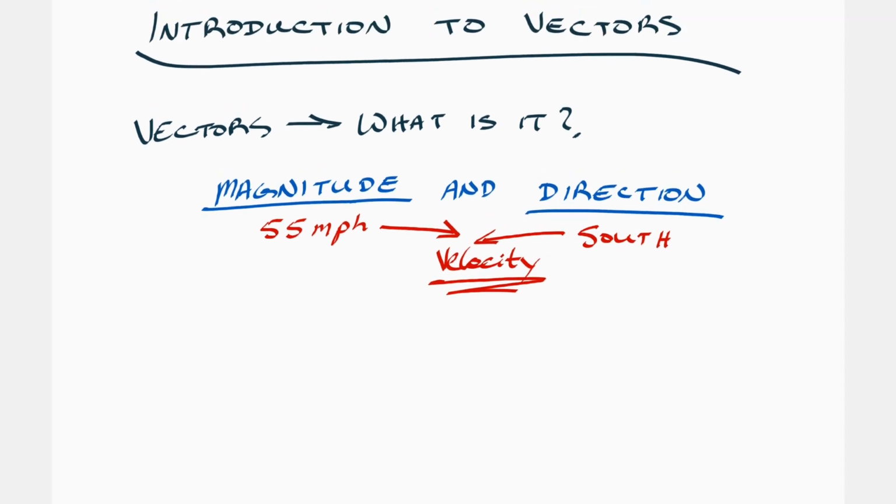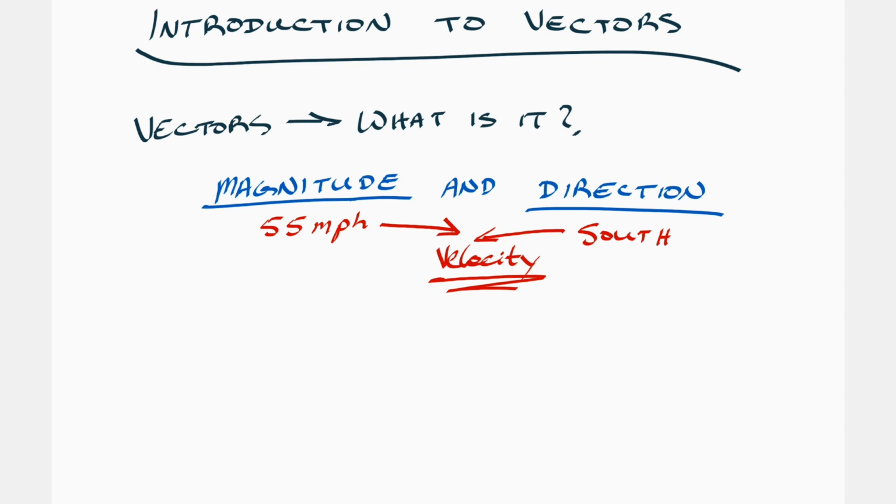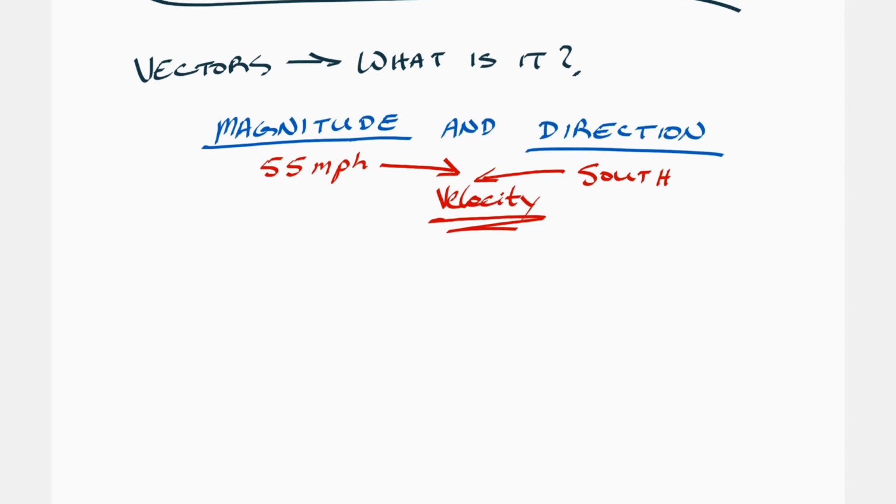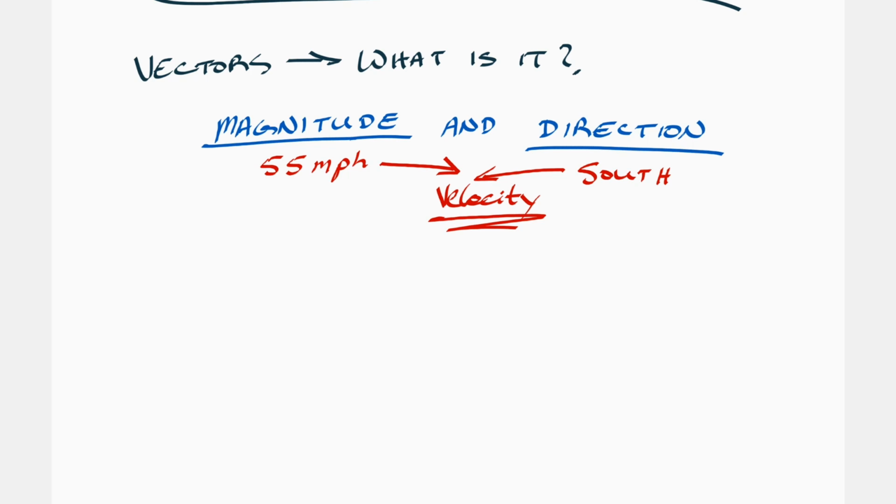And so the question is, well, why use vectors, right? What's the big deal? And the big deal about vectors is that by having a magnitude and a direction, we actually have a lot of information contained in just one thing, right? In just one velocity, for example, that's a lot of information.